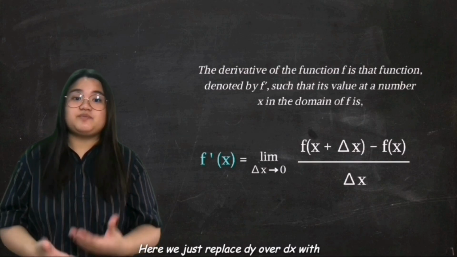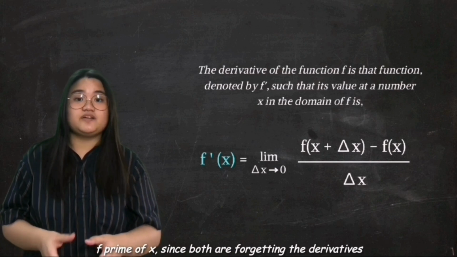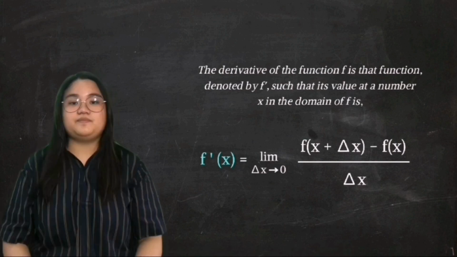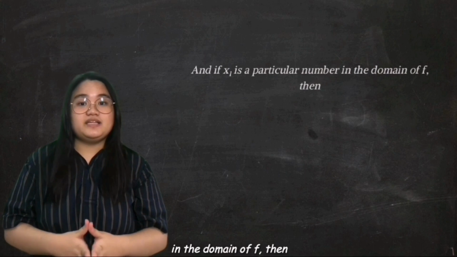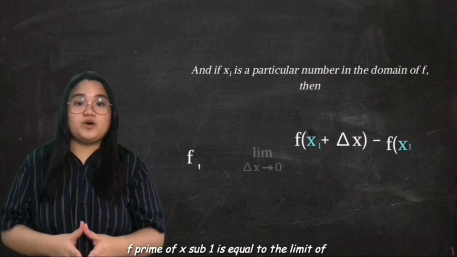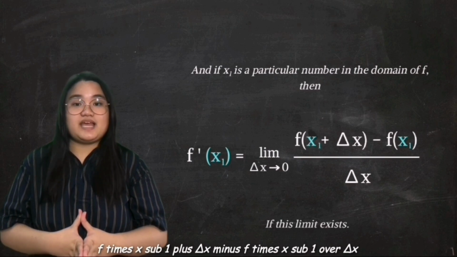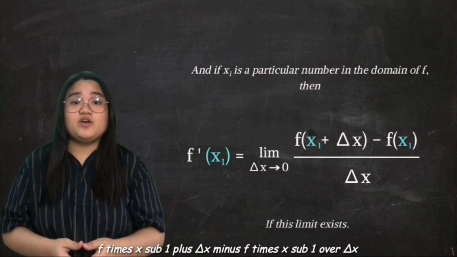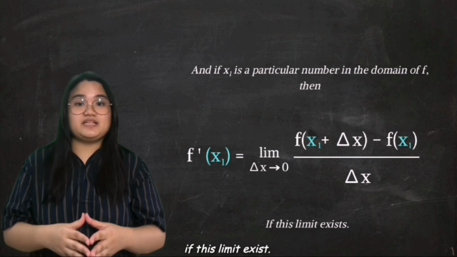Here, we just replace dy over dx with f prime of x since both are for getting the derivatives. And if x sub 1 is a particular number in the domain of f, then f prime of x sub 1 is equal to the limit of f of x sub 1 plus delta x minus f of x sub 1 over delta x as delta x approaches 0, if this limit exists.